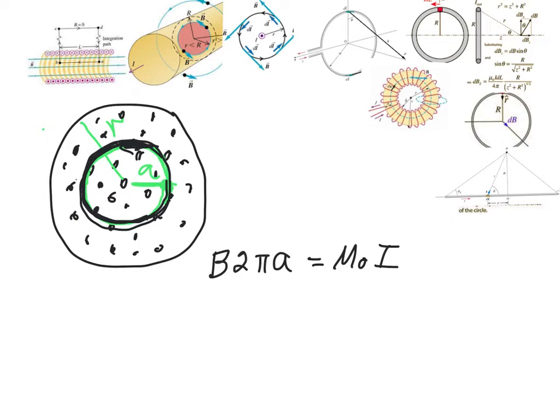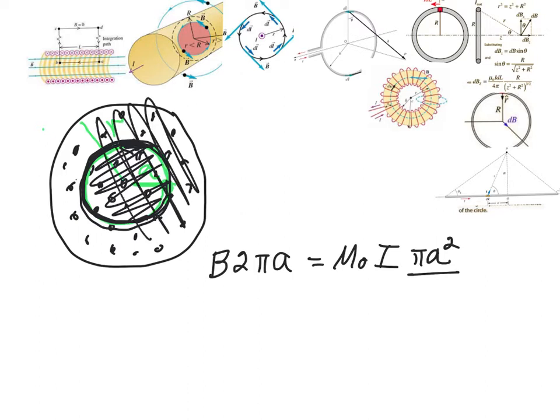So pi a squared is the area of this part, and we compare it to the area of the whole thing, which would be pi r squared. Turns out if you're only halfway out, the area is 1/4 the area, so you only have 1/4 the current. So anyway, the pi's cancel, and the ratio is a squared over r squared.